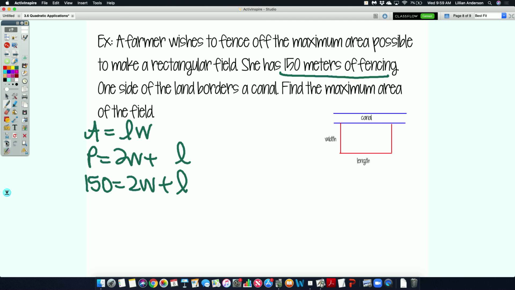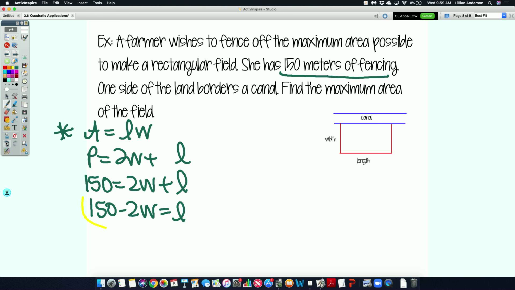In order for me to get the equation for my area of a rectangle, that's the one I'm working with, I need to use this equation for perimeter, solve for one variable, and plug in. Which variable do you want to solve for? L. So to solve for L, I'm going to subtract 2W from both sides to get L equals 150 minus 2W.